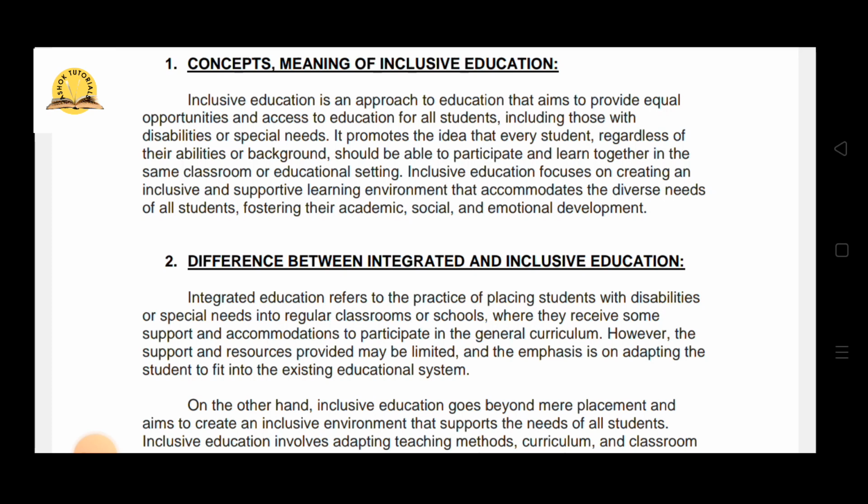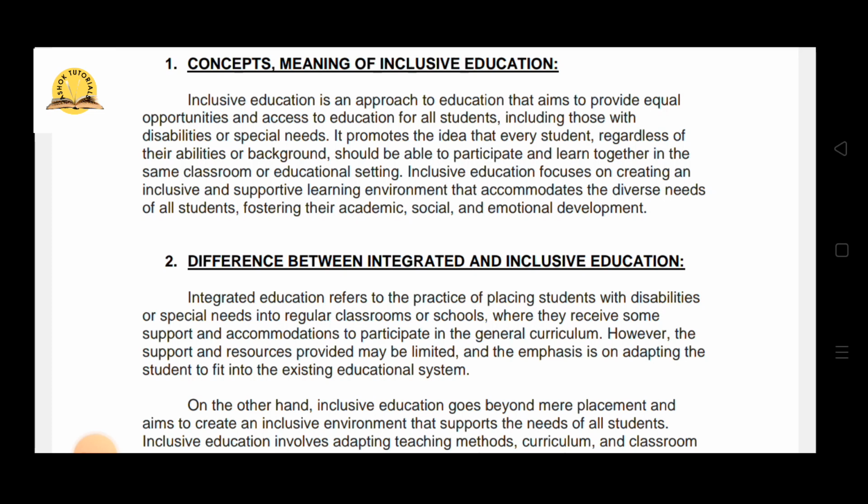Here we don't say that this child is handicapped or disabled. What word we use is that we say these are specially abled children. Specially abled is the term we use for such individuals. Never use the word handicap. We have to say specially abled, because they also have different abilities.